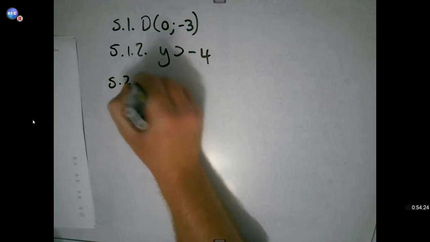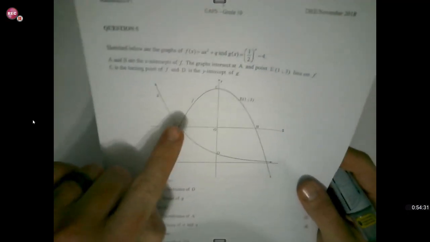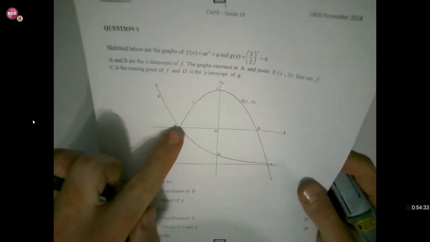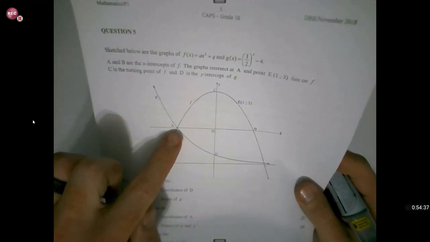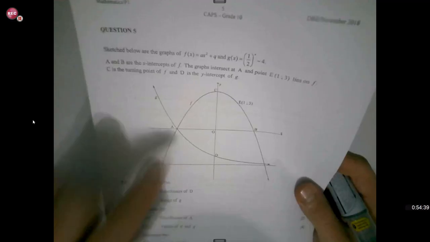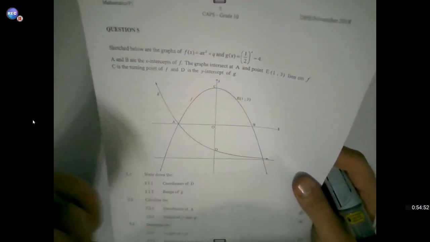5.2.1. Calculate the coordinates of A. You'll see that the coordinates of A is right over here where the two graphs intersect one another. You also need to keep in mind that point A lies on the x-axis, which means that the y value is 0 and the x value is the thing that you now need to calculate.